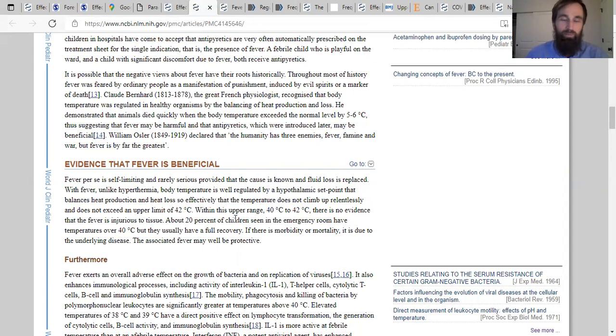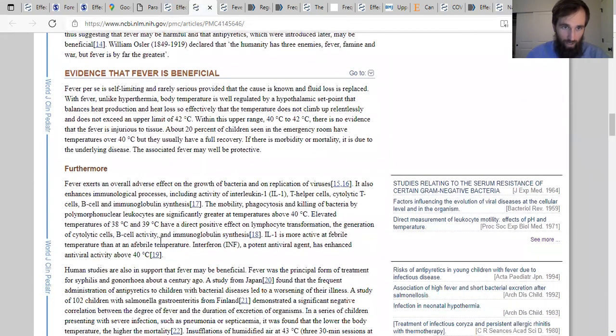Now, it's obviously going to be important, if you do have a fever, to monitor it closely and not let it get too high, where it could be causing seizures or things like that. But you can see right here, with 40 to 42 degrees, no evidence that the fever is injurious.